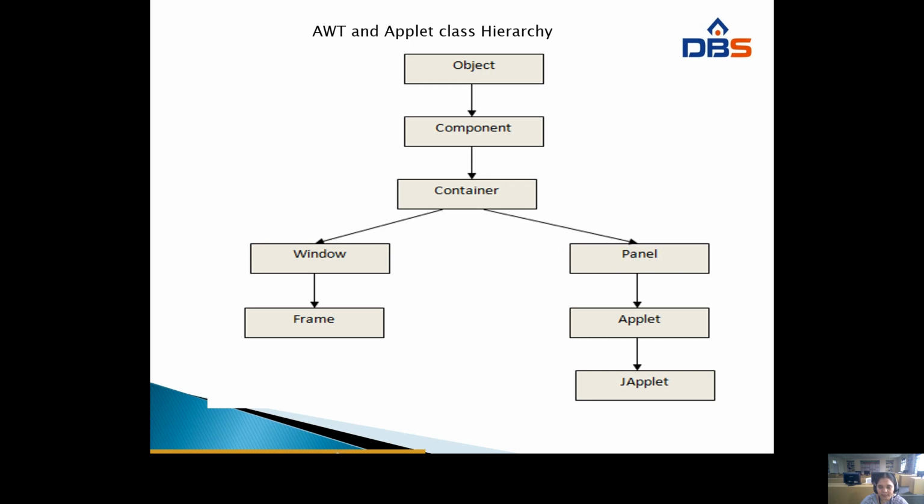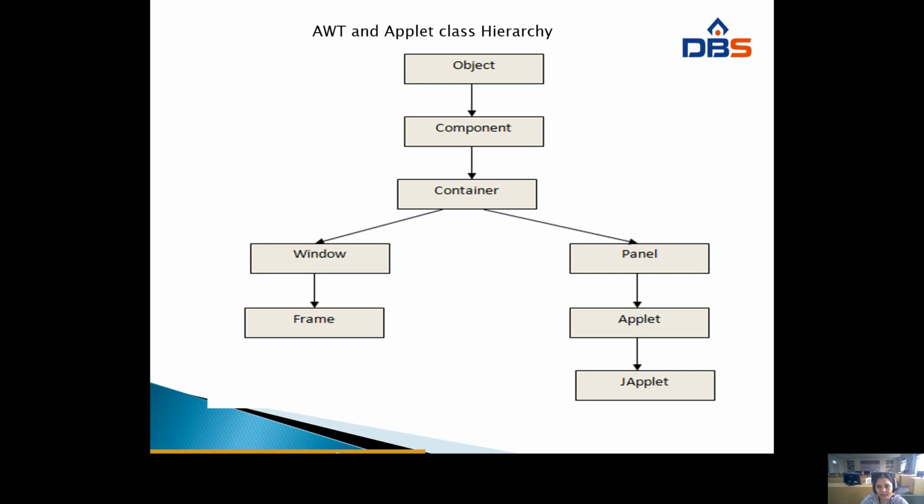The component class is the subclass of the object class, and it also has the container class, a subclass of the component class. This container class has two types of implementations internally. It has another subclass, windows, and the windows has frames. These frames are the subclasses of the windows.